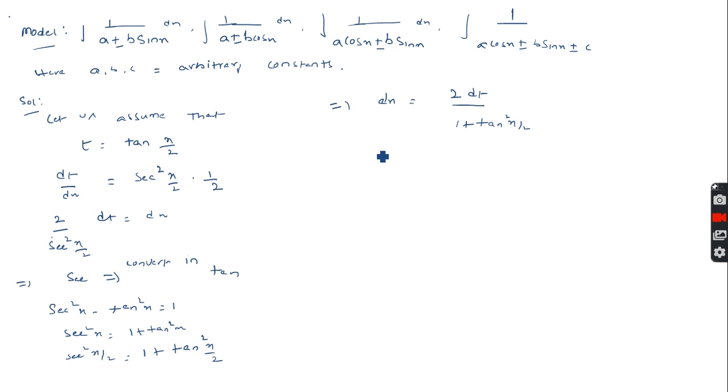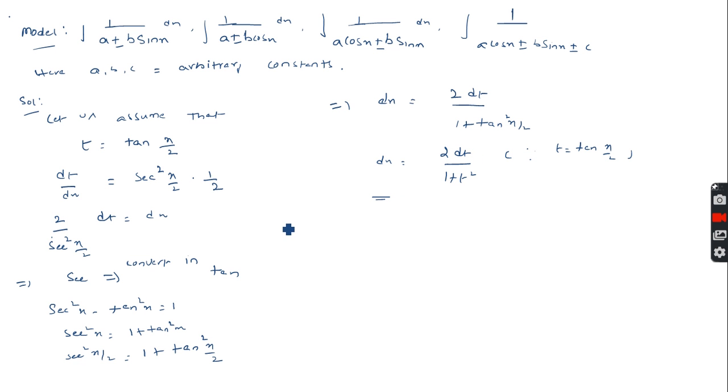We know that t is tan x by 2, so dx can be written as 2 into dt by 1 plus t square.